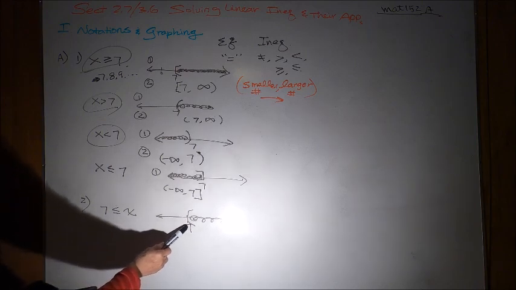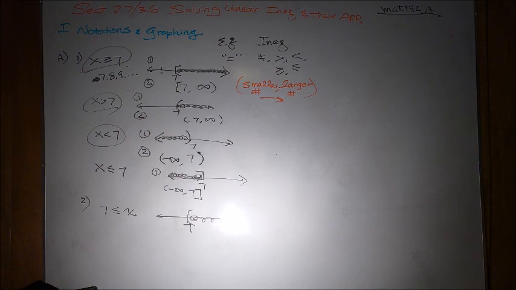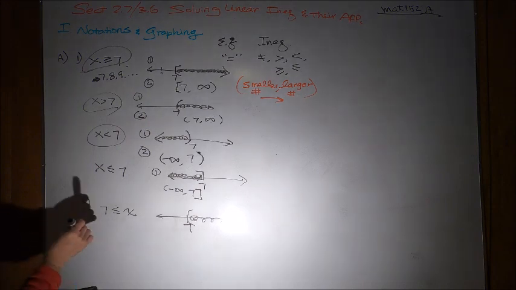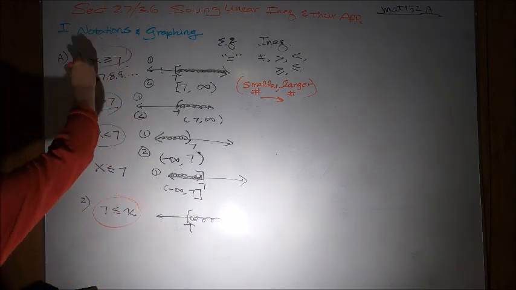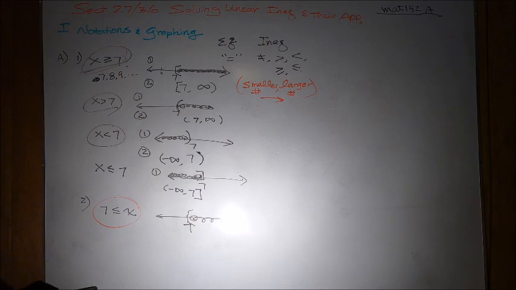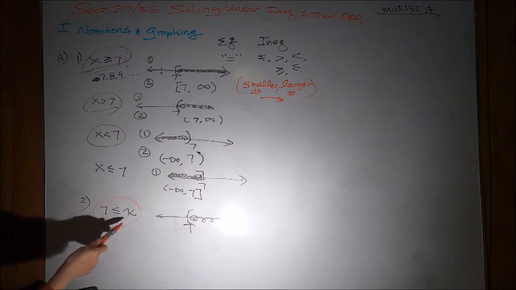So this one looks like what? The first one. Are they the same? The way you write it, x is bigger than or equal to 7; another way is 7 is less than or equal to x.